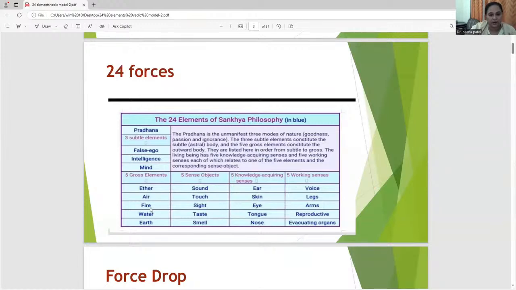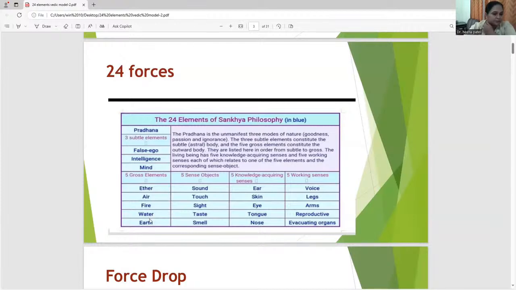Now, the fire element's sense is sight. We can see by our eyes. If there is any distortion in this force, it can change the shape and structure of our eye. And the working sense organ is the arms.